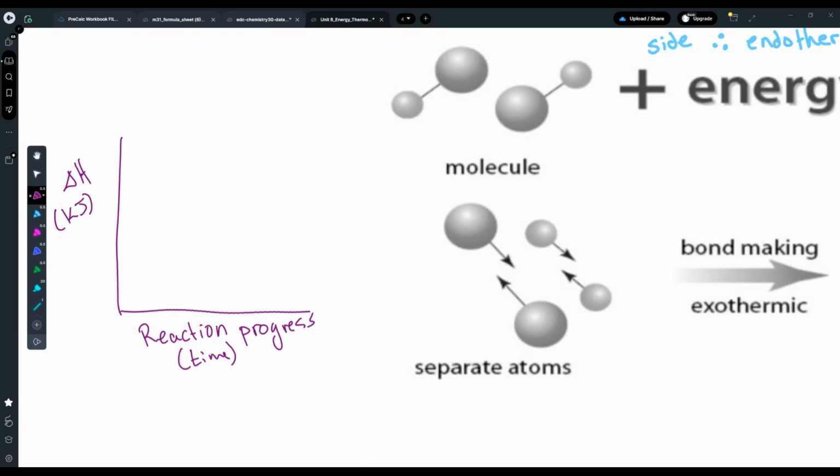Okay. And so how I'll draw this for an endothermic process, so remember, overall we're gaining more energy than is being lost in an endothermic reaction. So let's pretend that's a straight line. There we go. Okay, so here I have my reactants. Here I have my products.